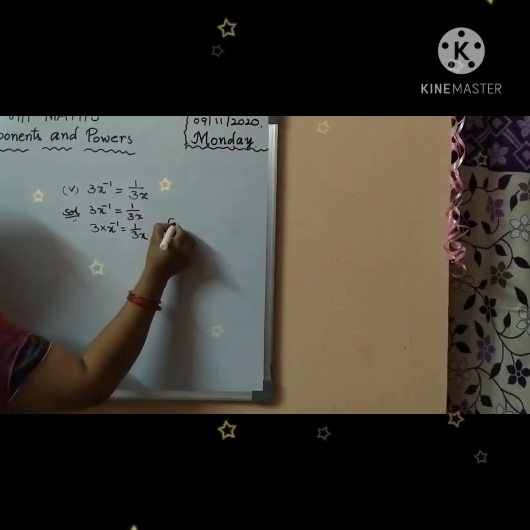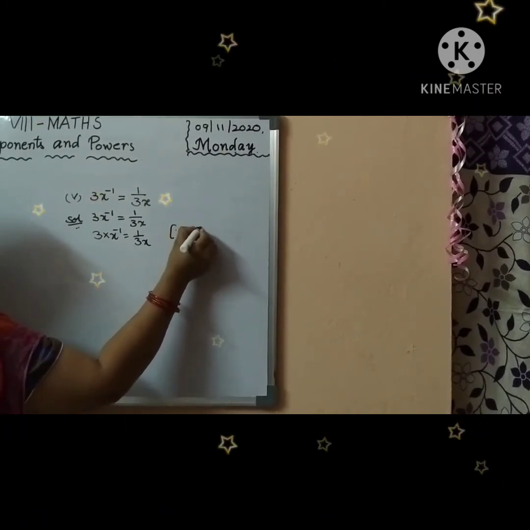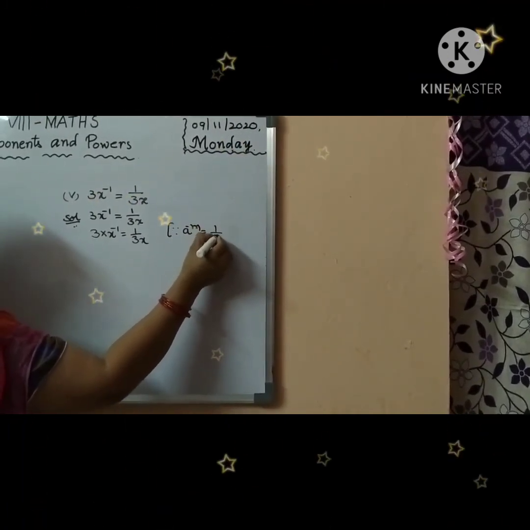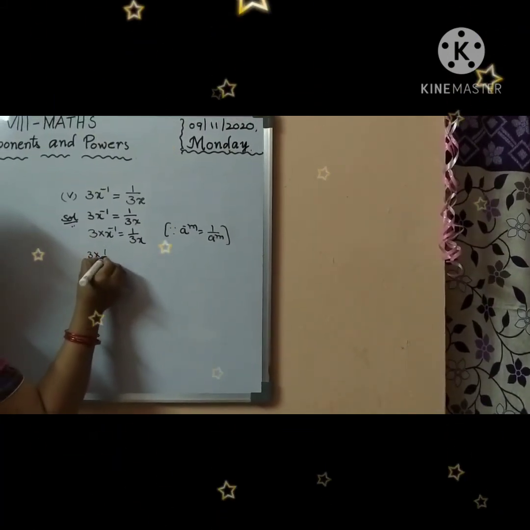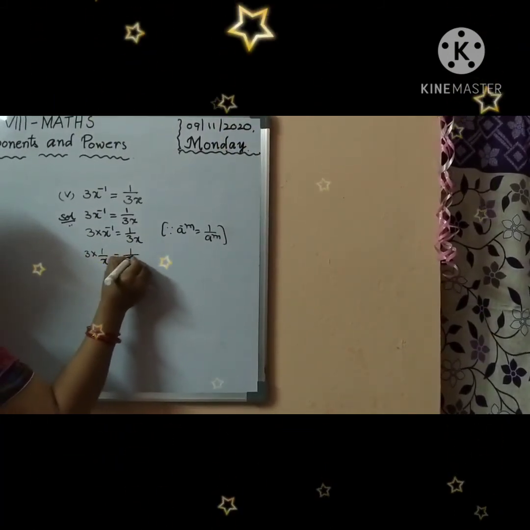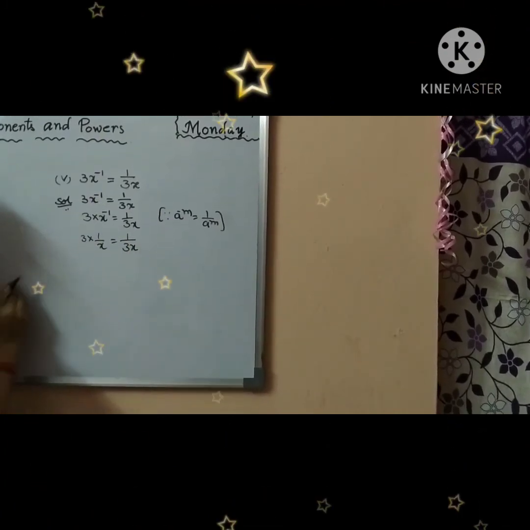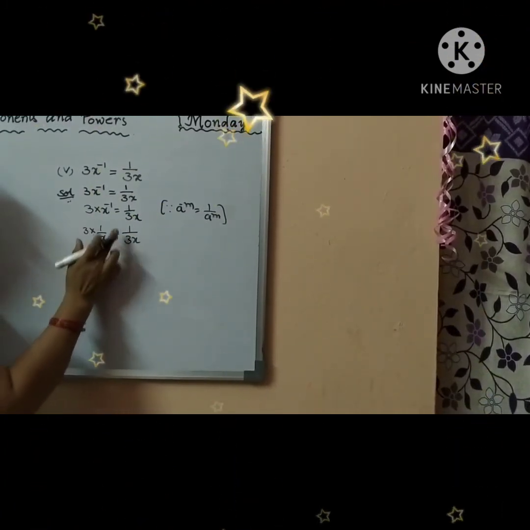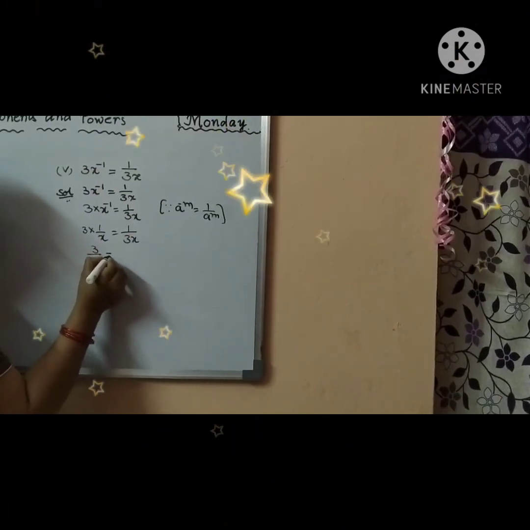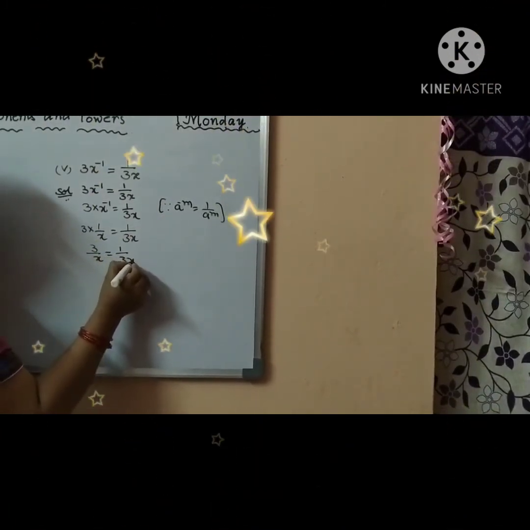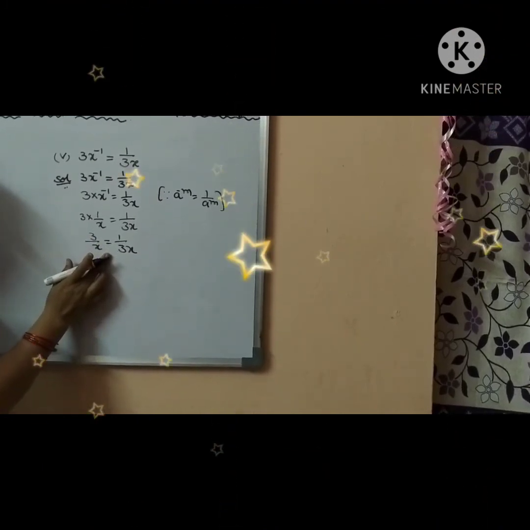We write a power minus m equals 1 by a power m. So 3 into 1 by x equals 1 by 3x. 3 by x equals 1 by 3x. Is the value equal on both sides?